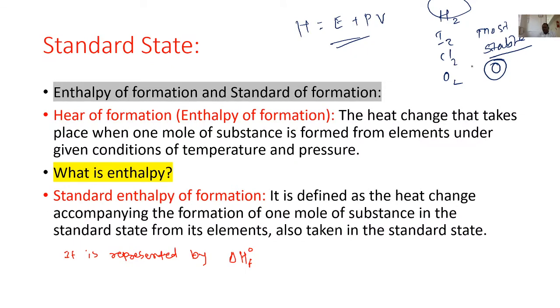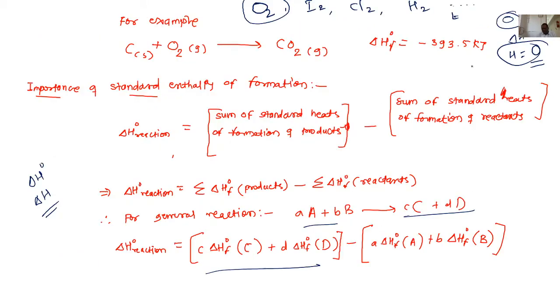Some elements show different structures at different temperatures, like orthorhombic, monoclinic, etc. In that case, the stable structure is taken as 0. So please remember this formula: delta H0 is equal to the sum of c into delta HF.